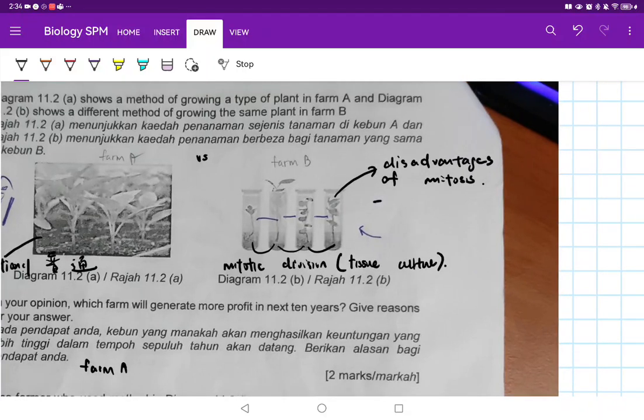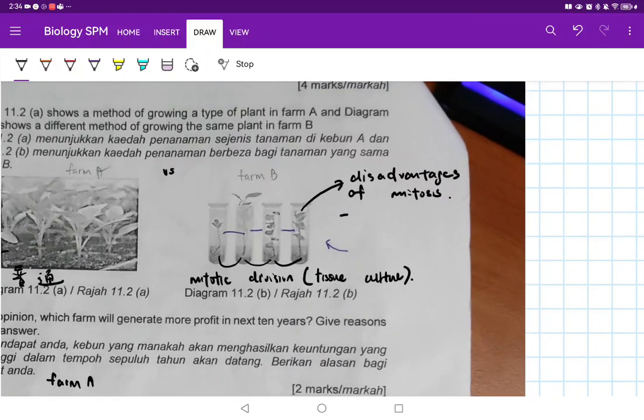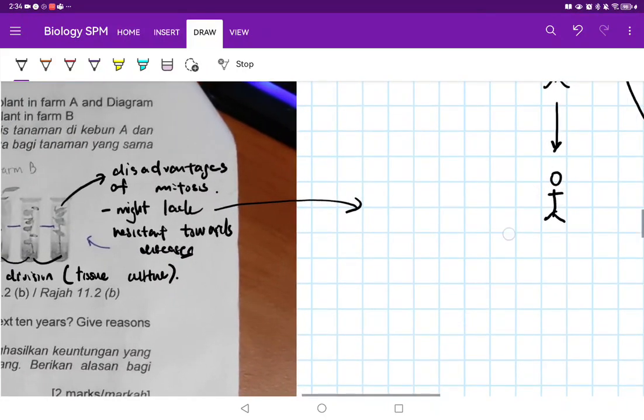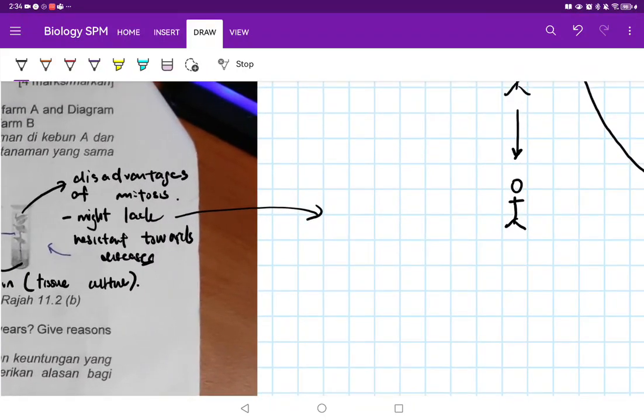disadvantage is that they are of the same plant, meaning that they might lack resistance towards certain diseases. Why is this so? Remember, mitosis is one parent cell producing two identical daughter cells.